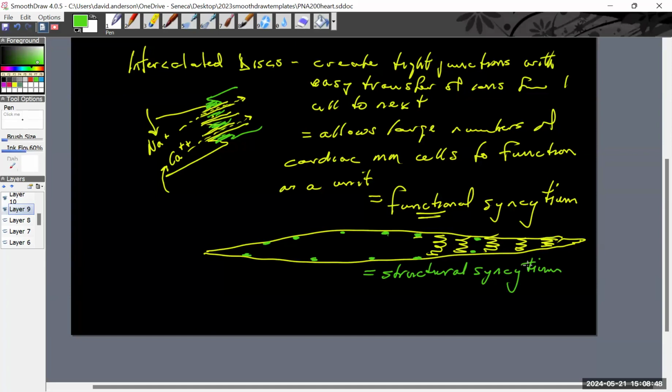Functional tells us that the cells are still separate from one another. Structural tells us that they've blended to create a single one. Are we okay with that difference? Yeah.